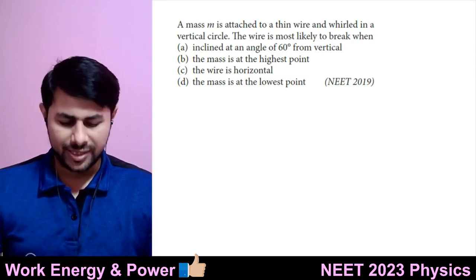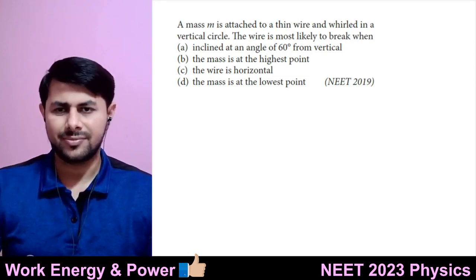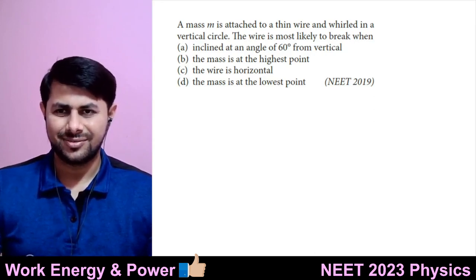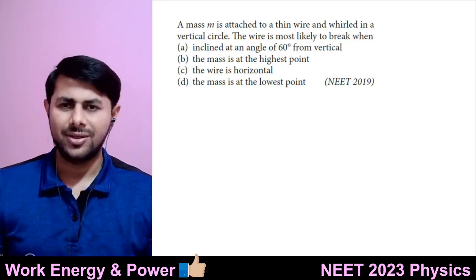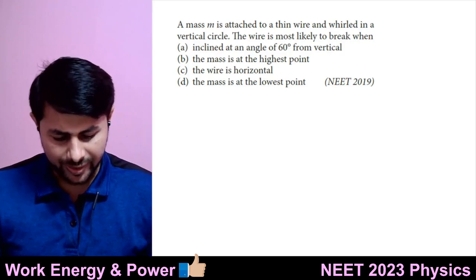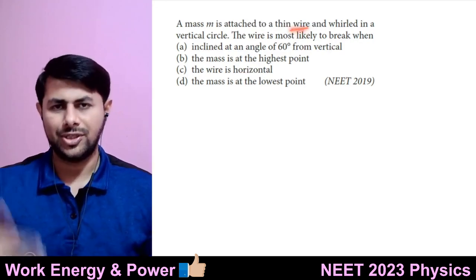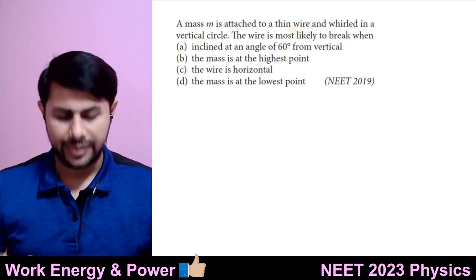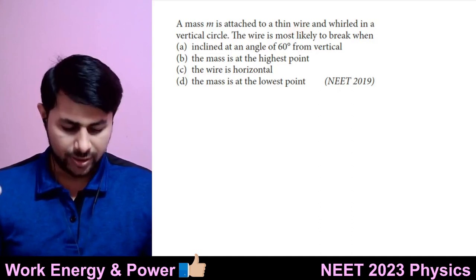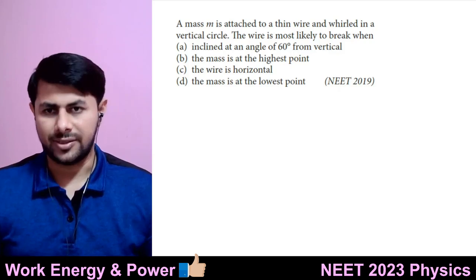So where will this string break? When the mass is at the lowest point, right? The wire will break when the tension exceeds the value which the wire can sustain.